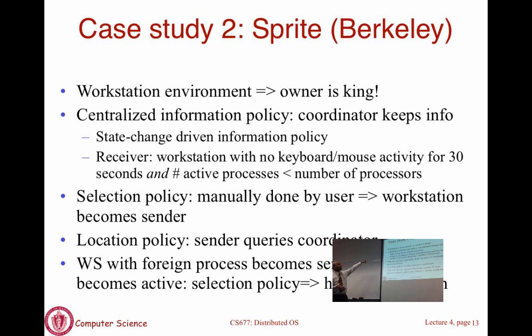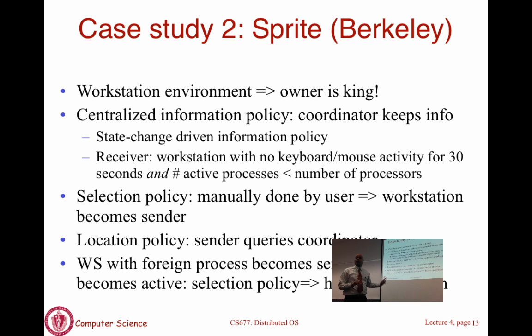Okay, so it's a centralized information policy, which means there's a coordinator that's tracking the load. Every machine is sending its load information, and it's specifically when you don't see any activity on your machine and the load is low that you become a receiver. You ask the coordinator, send me some work. Coordinator may say, here is a process running on some other machine, I'm going to move it over. It moves over and it resumes execution on this other machine. Okay, so that's the scheduling policy.